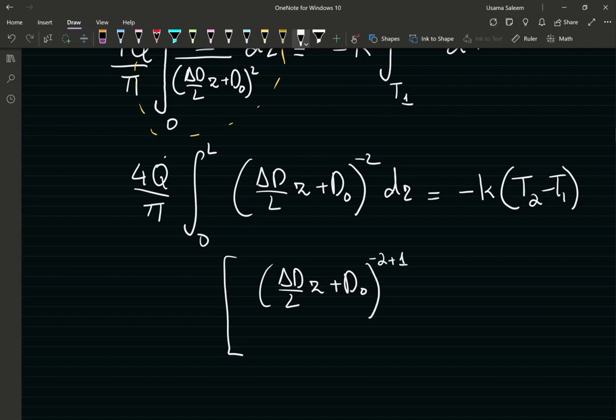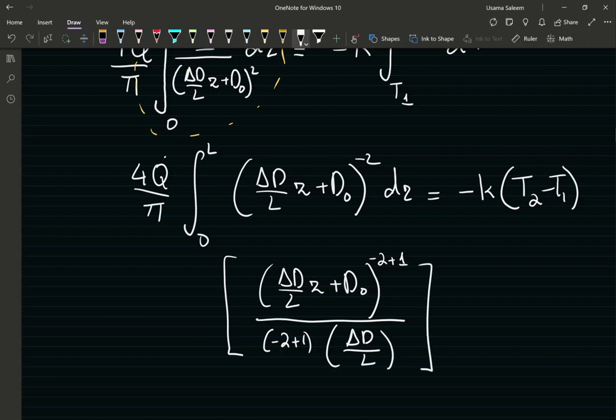Add 1, divide by the new power, and the coefficient of your independent variable. Good. I hope that's it. And this is going to go from the lower limit to the upper limit, upper limit minus lower limit. Of course, 4 q dot and pi are just tagging along, and on the right hand side, my conductivity and temperature are just chilling.